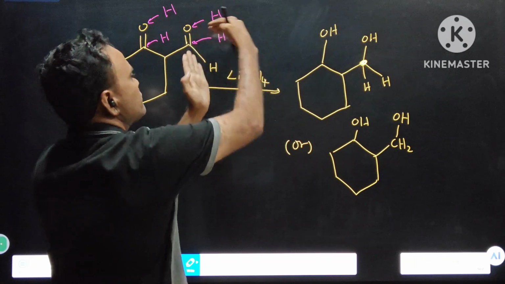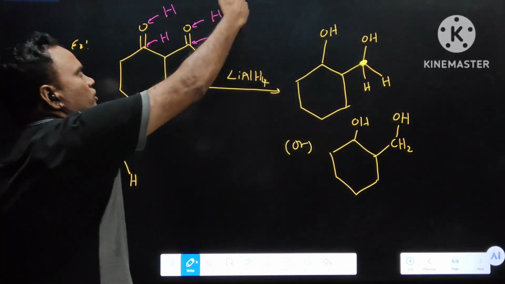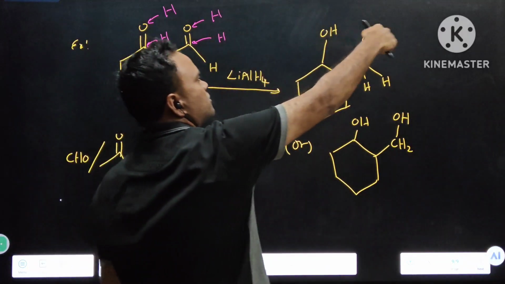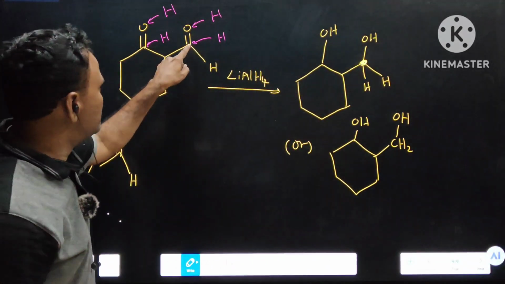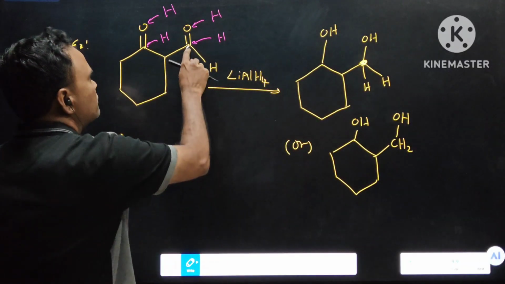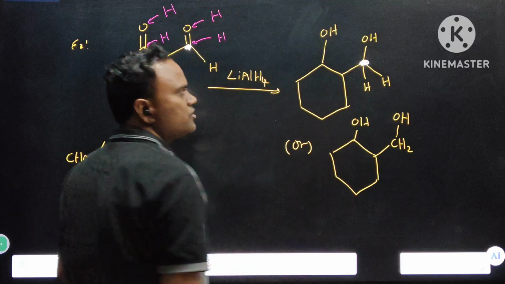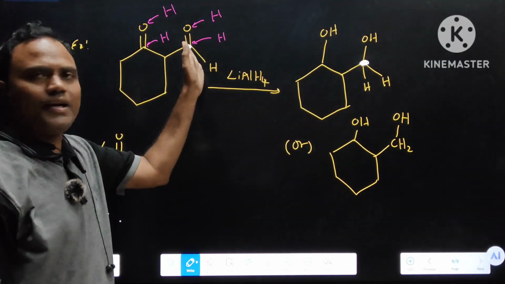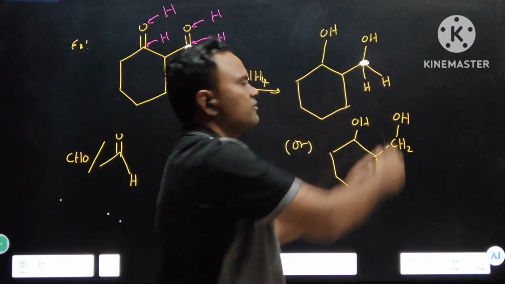Okay, already one H is linked, another H is coming. See, two hydrogens and one OH, this OH. Clear? To this carbon, means this one, two hydrogens are attached. One hydrogen is already attached, one new hydrogen is coming. That's why I wrote two hydrogens here.